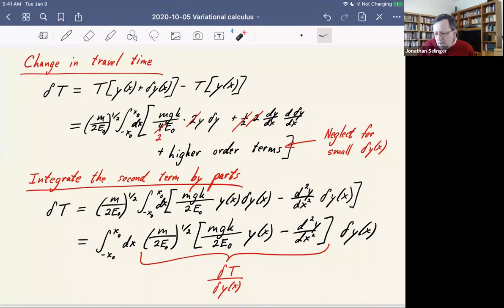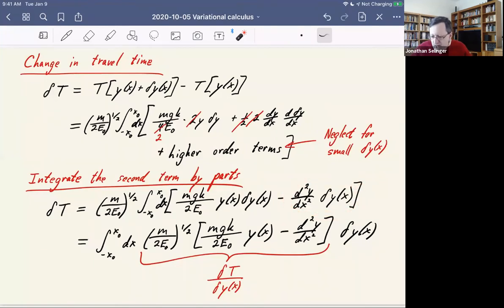Well, so in order to put it into the form that we want, we did this integration by parts calculation. And you remember that from the end of the class last time. And so at the end of the integration by parts, this term transforms into this.